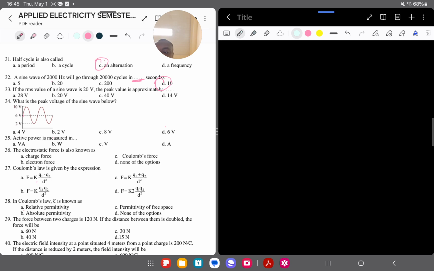Now moving forward, we have question 33. If the root mean square value of a sine wave is 20 volts, the peak value is approximately what? Here we are given the root mean square voltage, 20 volts. The peak value, which is the peak voltage, is the same as the maximum voltage.